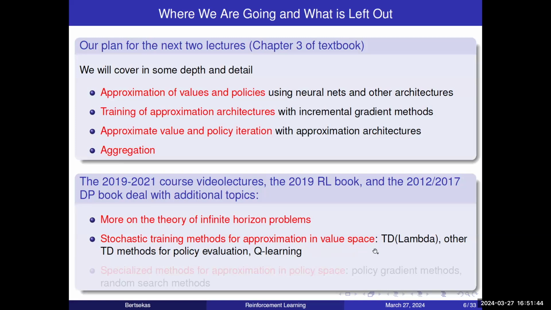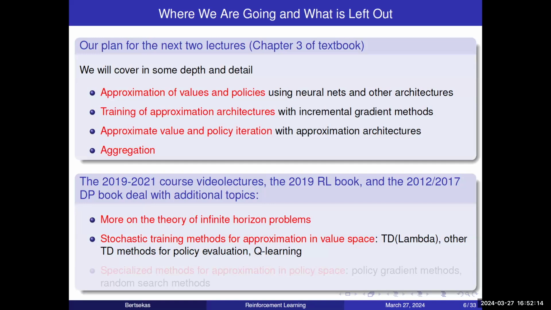But there are other kinds of training methods, or one might view them as stochastic approximation methods, that include TD lambda and other TD methods for policy evaluation, and for example, Q-learning. This kind of method has imposed a lot of interesting mathematical problems that intrigued a lot of mathematicians who have worked on it since the 90s.